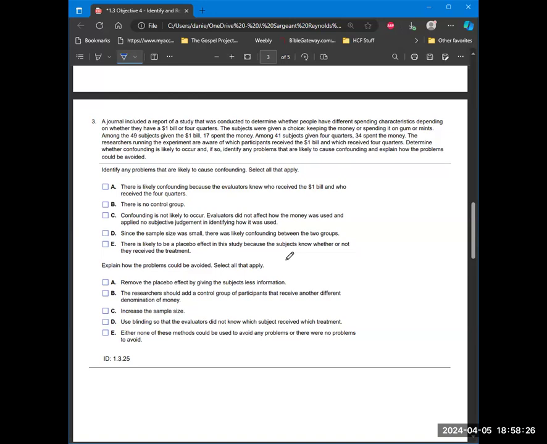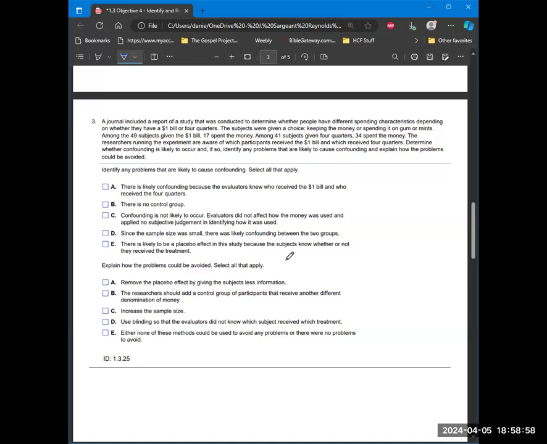So let's again go one by one here. Option A says there's likely confounding because the evaluators knew who received the $1 bill and who received the 4 quarters. That's actually not a problem here. There's really no way to get any blinding in this because the people who receive the money are going to know which they received, right?